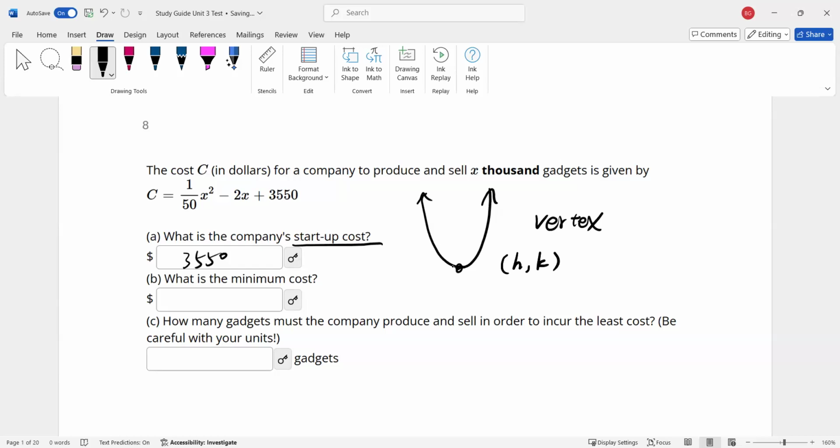The quadratic function is given in the standard form, not a vertex form. One way to do that is to rewrite or use completing square technique to rewrite the function in the vertex form. Another way to do that, guys, is you know H here is negative B over 2A.